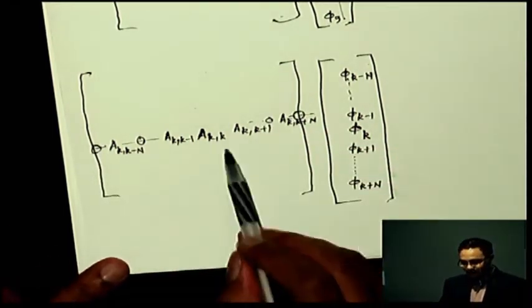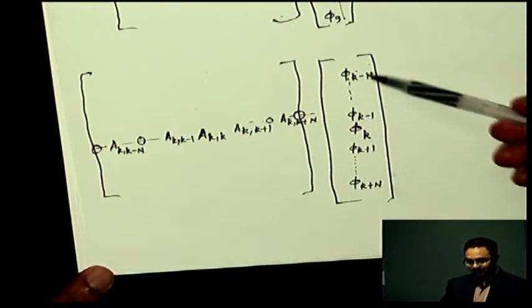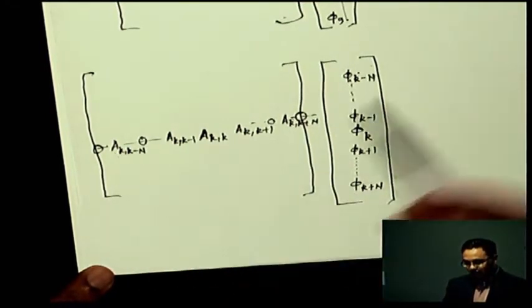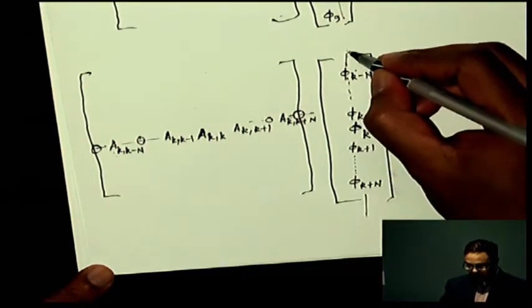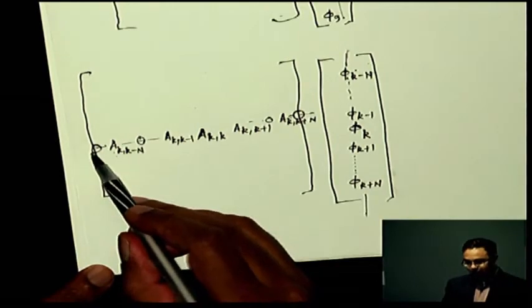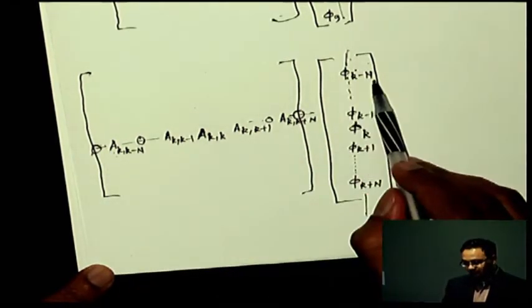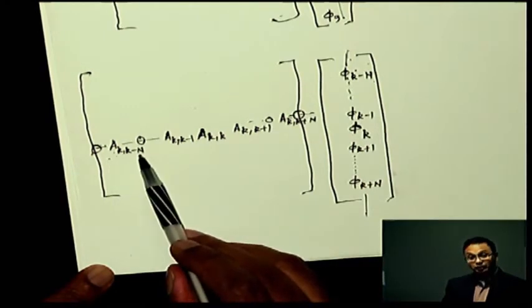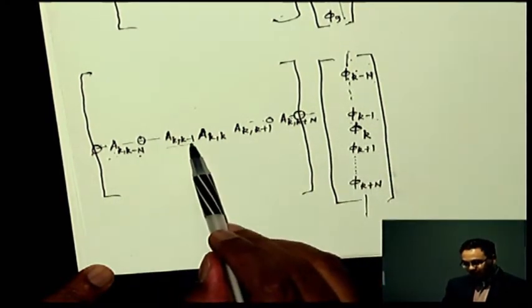So what's happening here is, if you look at the multiplication, phi k minus n gets multiplied with a. So you start at the very top. There are other variables here. For example, phi1 will get multiplied with a 0, phi2 will get multiplied with a 0, and so on. You get to phi k minus n, that gets multiplied by that coefficient. Then you go to phi k minus 1, that gets multiplied by that guy.